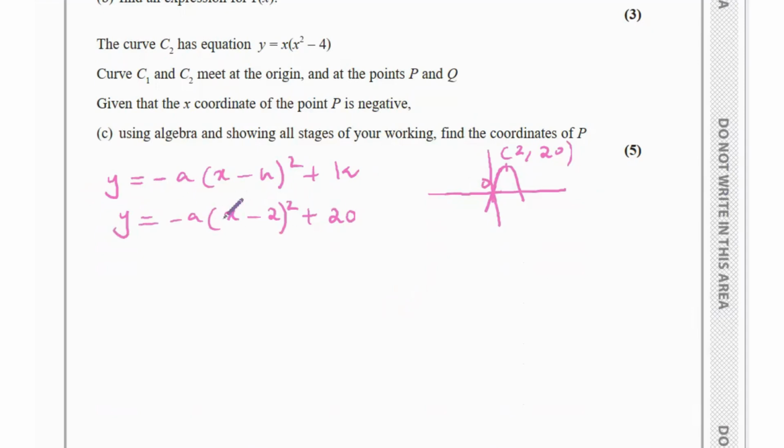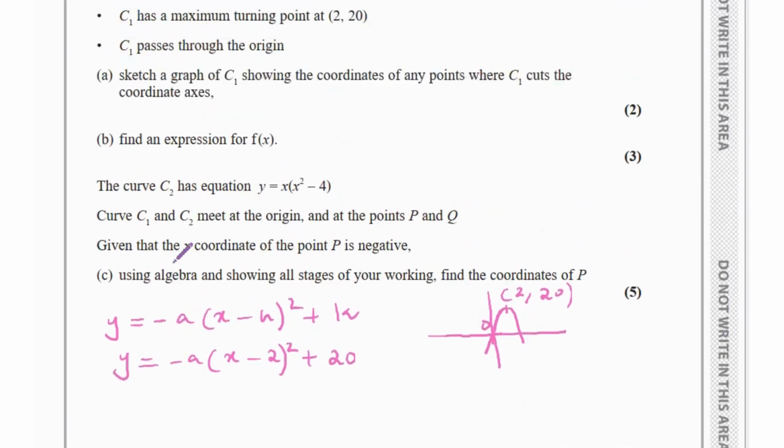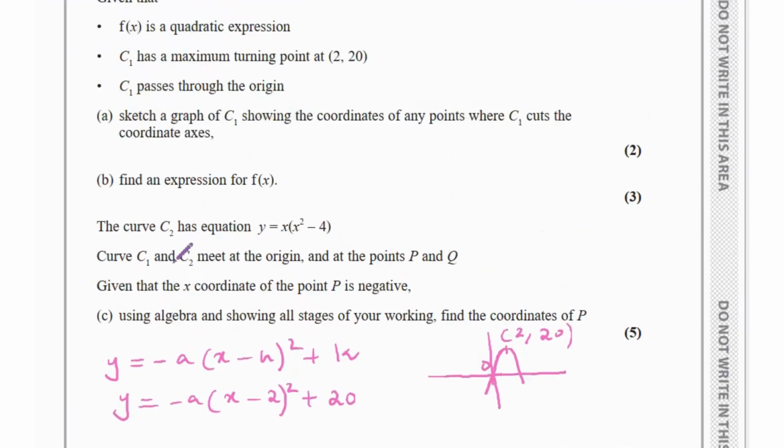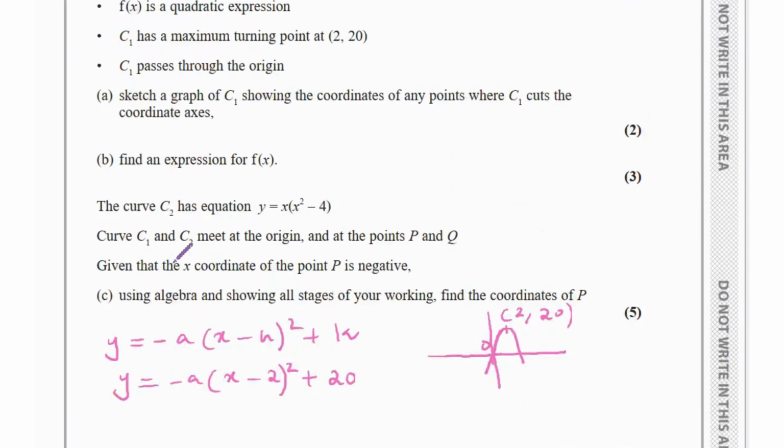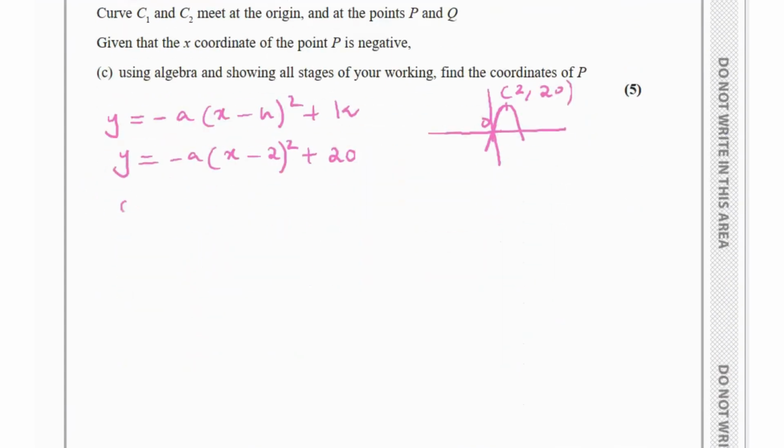Then, to find the value of a, which is the scale factor with which the curve is being multiplied, we're going to substitute the coordinate (0, 0) because the curve is passing through the origin. So 0 equals negative a times (0 minus 2) squared plus 20. 0 equals negative a times negative 2 squared plus 20.